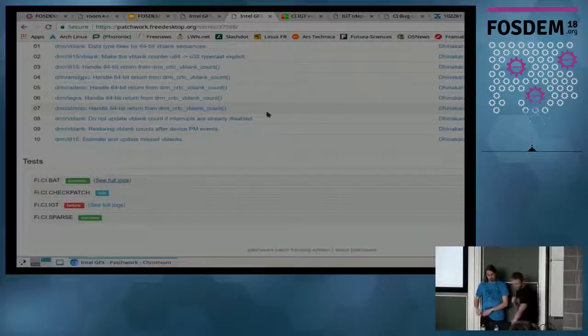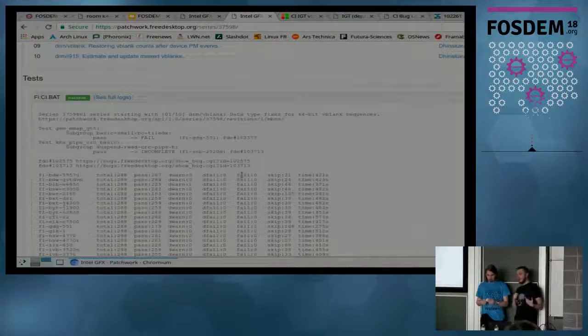And when the CI system sends the results here, what you see by expanding this section is also sent out as a reply to the mailing list. So we don't expect developers to know about the tool, to go there, or to have the knowledge from somewhere. They are actually replied to with the results on the mailing list, the link to Patchwork as well, and expanded results too. So it's as unobtrusive as possible.